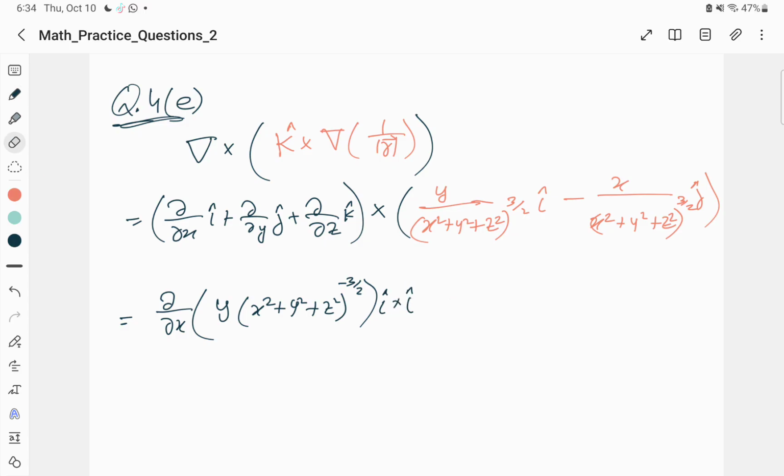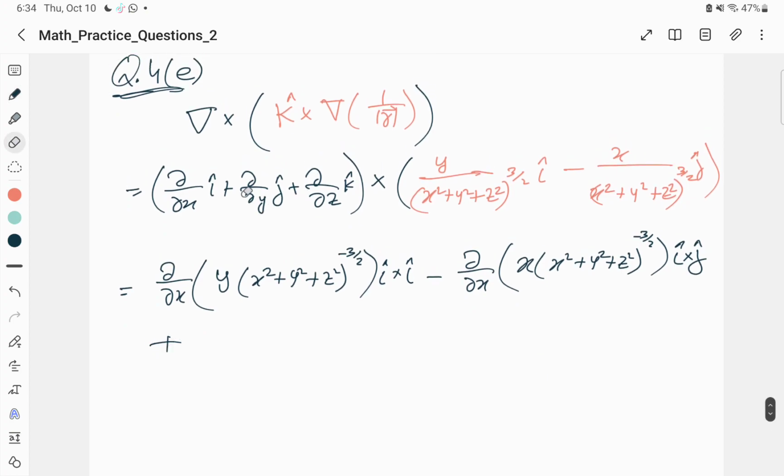Then this will become minus the second one. Again I have to apply partial by partial x on x times (x square plus y square plus z square) to the power negative 3 by 2, and this time it is i from here and j from here, so it will be i cross j.